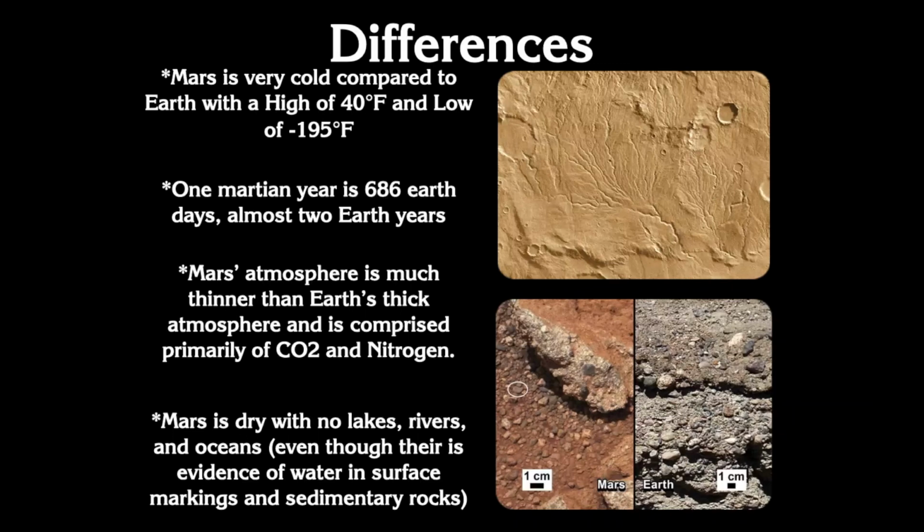It is further out, and it's close to double an Earth year, so about 2 Earth years. Mars's atmosphere is much thinner than Earth's, and instead of nitrogen and oxygen, it's mainly carbon dioxide and nitrogen.